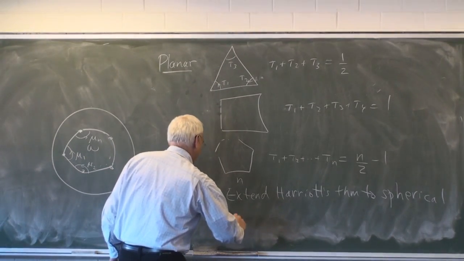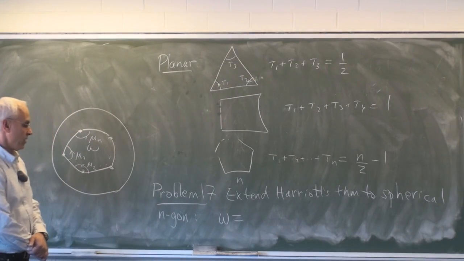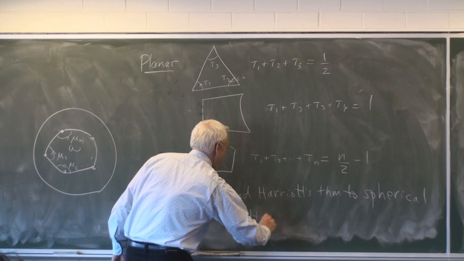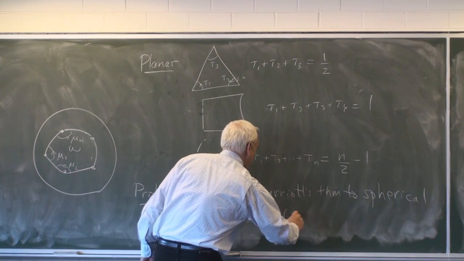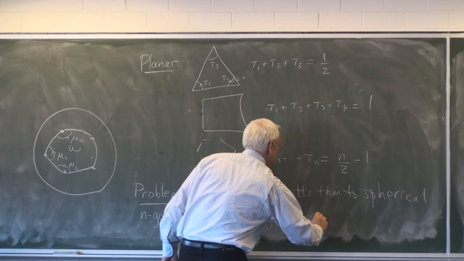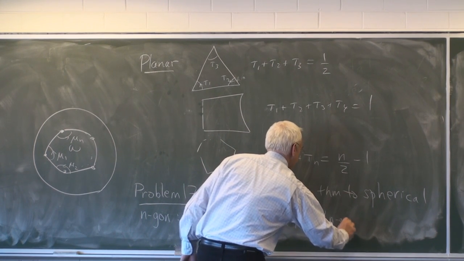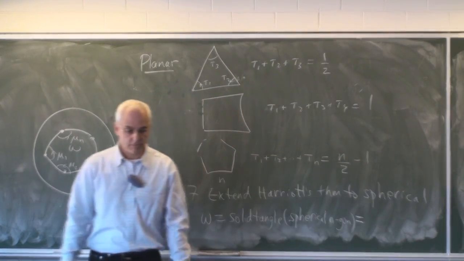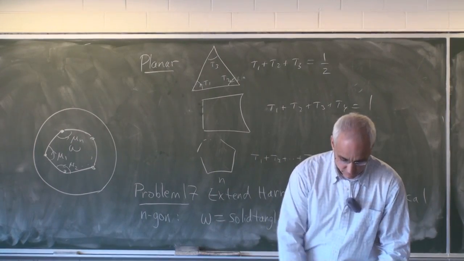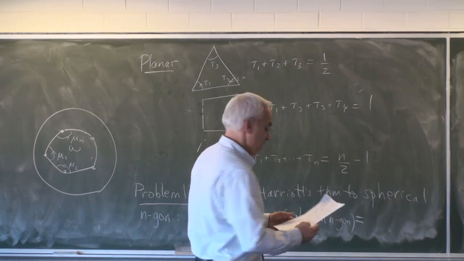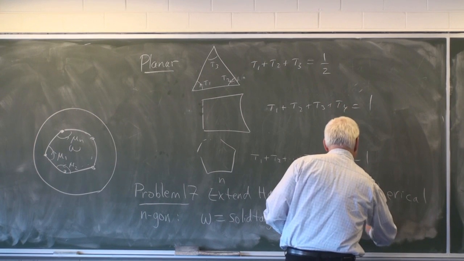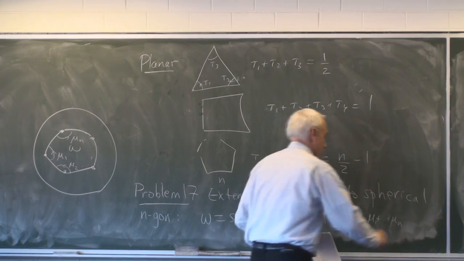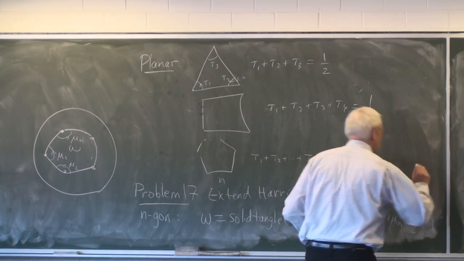So we want to know what is omega, which is the solid tangle of the spherical n-gon. And that's equal to mu1 plus all the way up to mu n minus n over 2 plus 1.